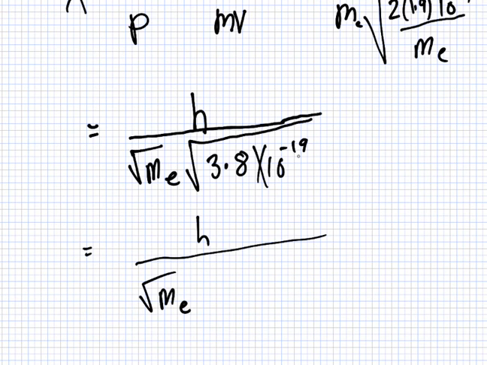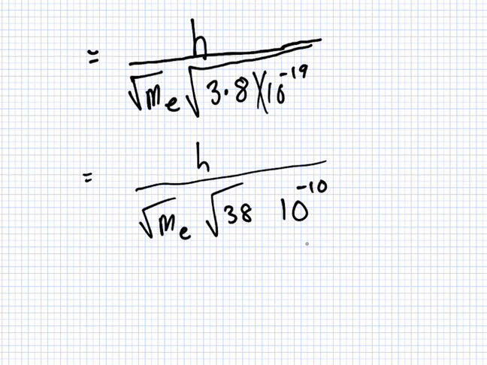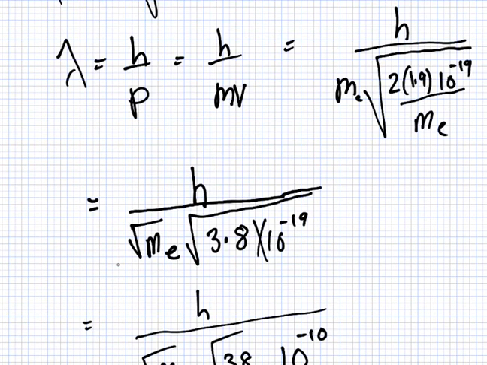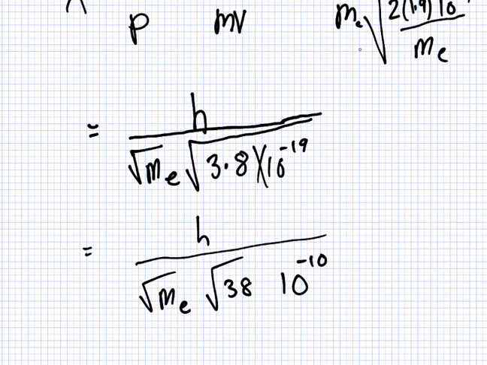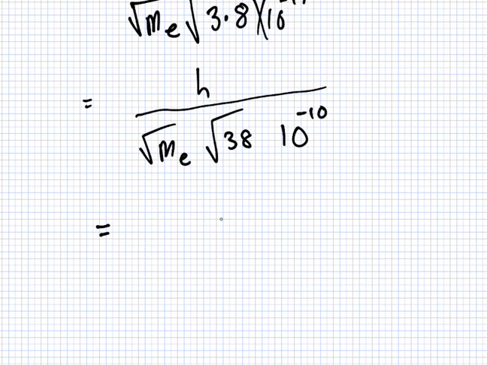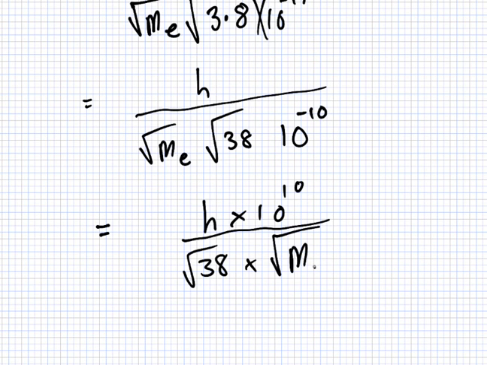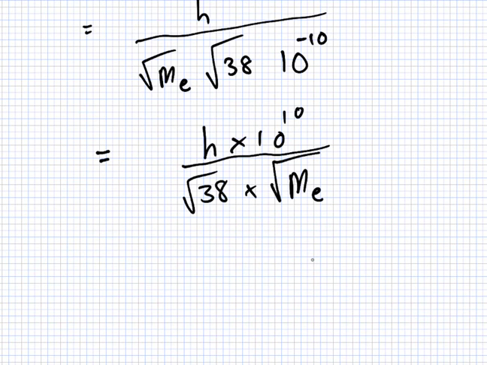If I divide this by 10, root 38, 10 to the minus 10. Where did your mass go? Which mass? The one I cancelled with this one to make a root m. So this is h times 10 to the 10 all over root 38 times root the mass of an electron. Now you don't need to do all that. I don't have a calculator, so I'm trying to simplify as much as possible.